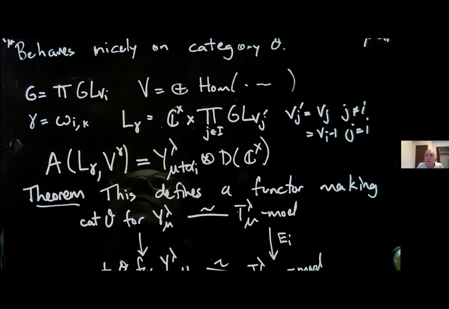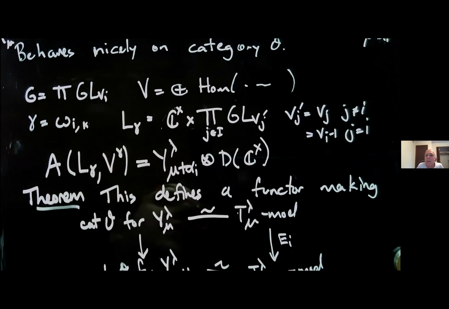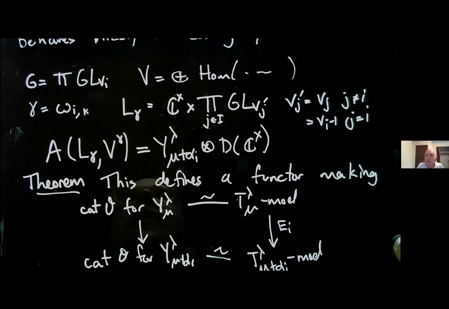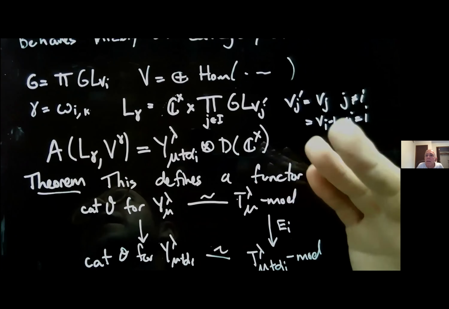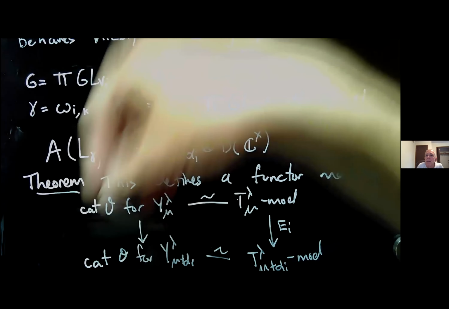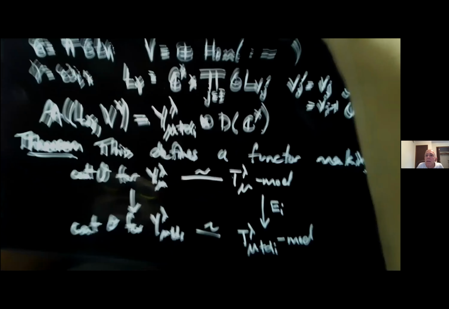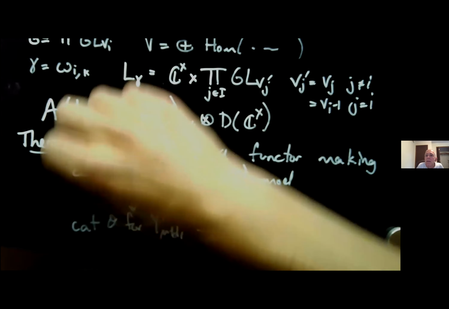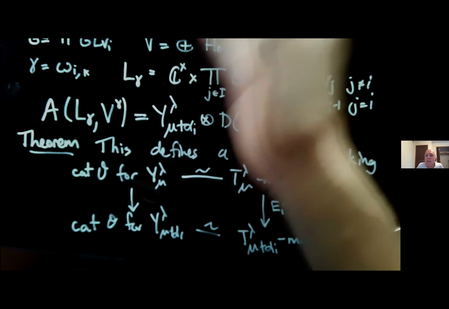That does behave well, and you can use that to understand the divided power functor. So that'll give the divided power functor, right? Yeah. That's very much similar to what Lusztig was doing using the constructible sheaves. In a similar way, on the equivariant side, there's a sort of correspondence for the divided power too.